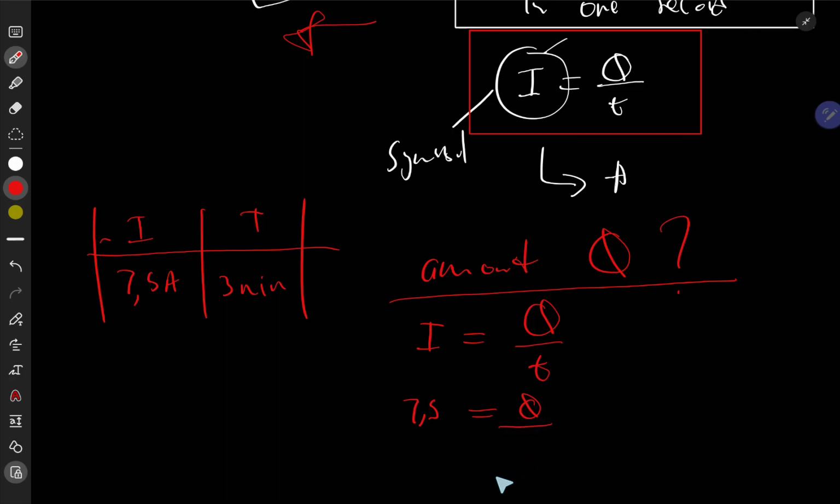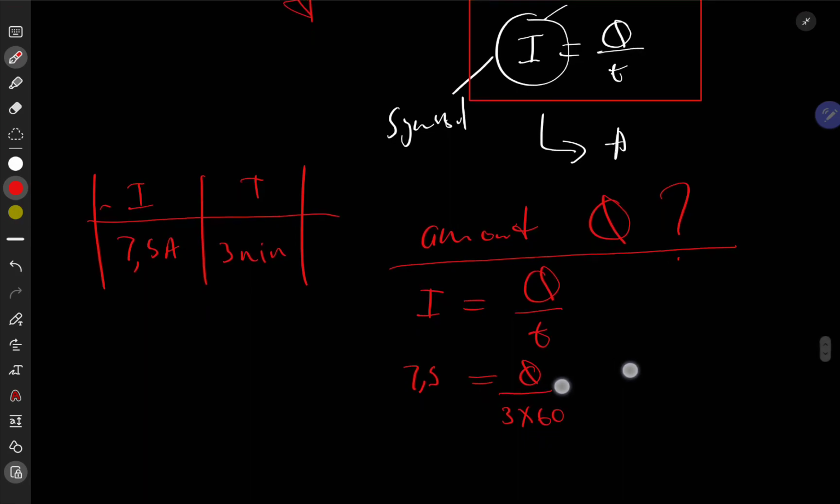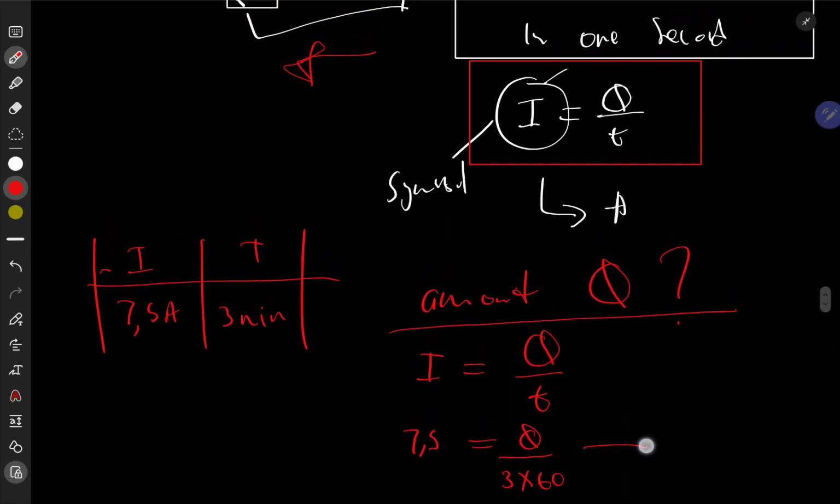Then T, time, is 3 minutes, but I don't really like minutes in physics, we like seconds. We use the SI unit. Then you cross multiply.